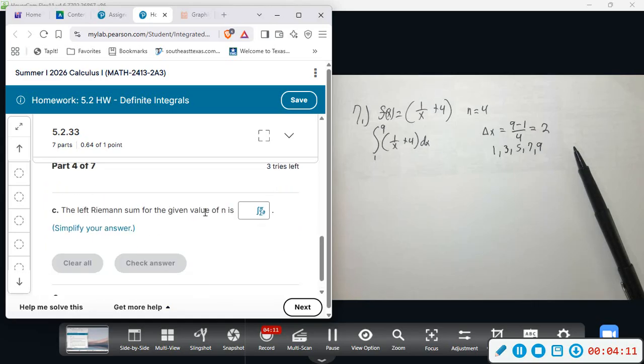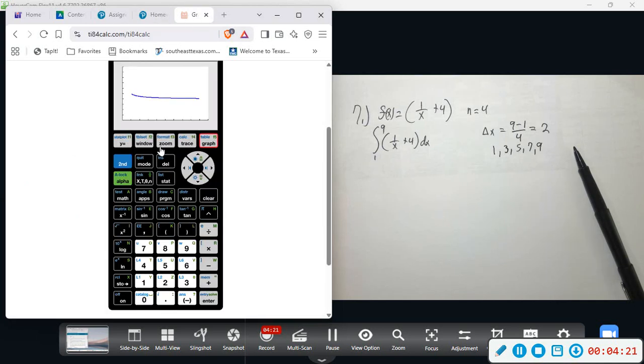All right, we're going to find the left Riemann sum. It says simplify your answer, so it doesn't want a decimal. I guess it wants us to give the exact. So we'll see if it gives the exact. We're going to do math 0, which gives us the summation.